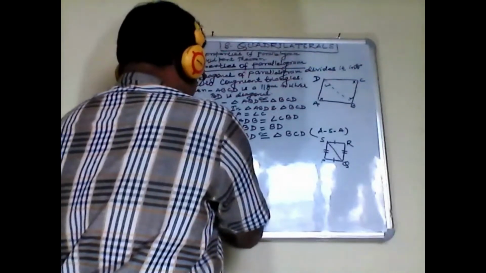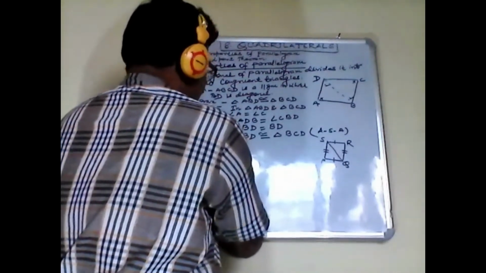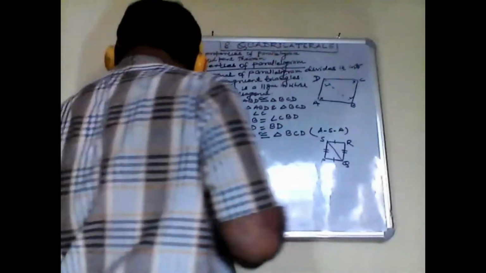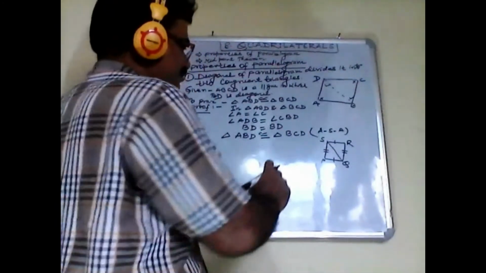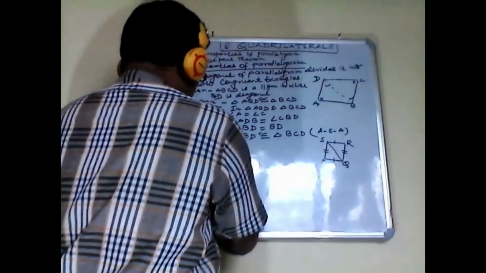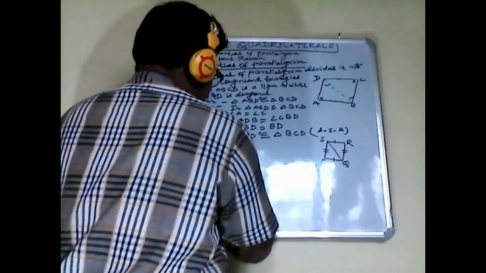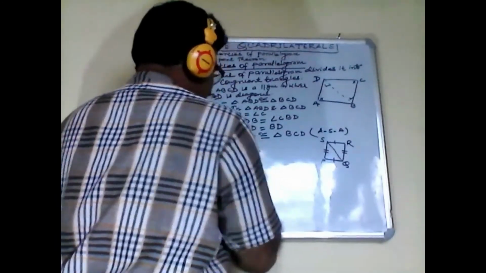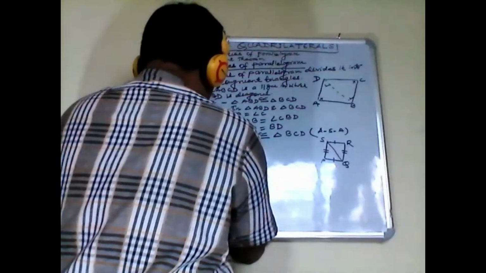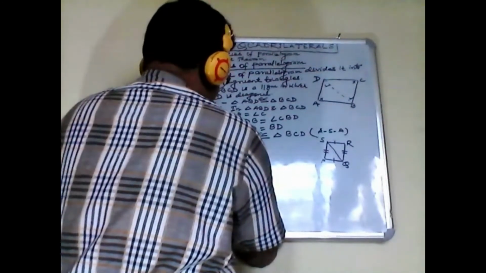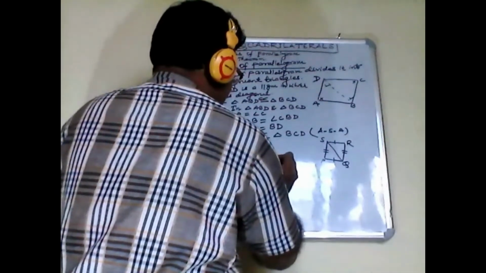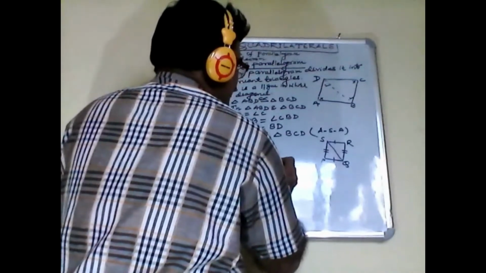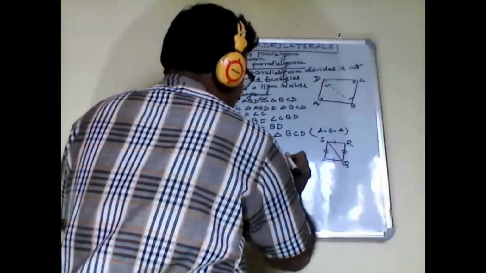You can write, given that PQRS is a parallelogram, this is the given, and to prove that PQ is equal to SR. So for the proof you can take in triangle PQS and triangle PQR.